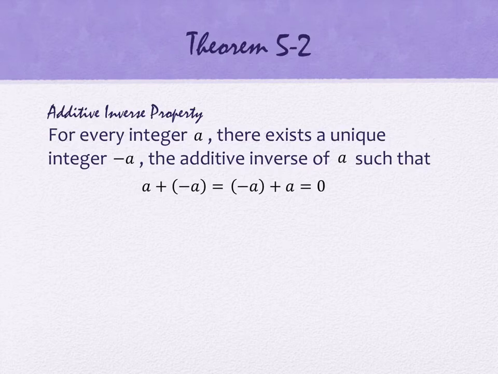Such that a plus negative a, or negative a plus a, either order of those added together, both equal one another and they equal 0. We would know they equal one another automatically because it's commutativity, right? So we get that part already. It's the equaling 0 part that's the important part of this. So yeah, we have to add them in either order, but it's the equaling 0 part.